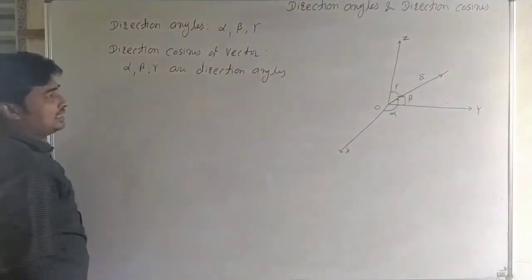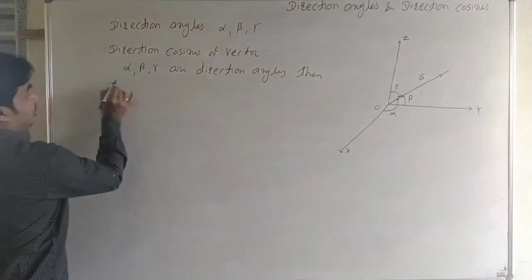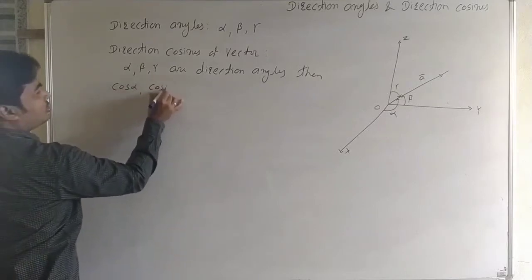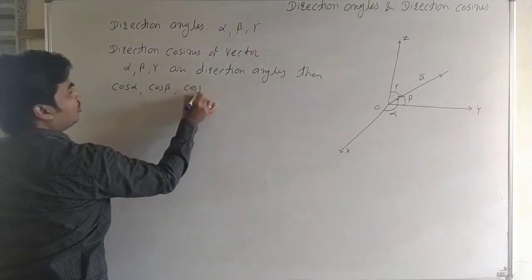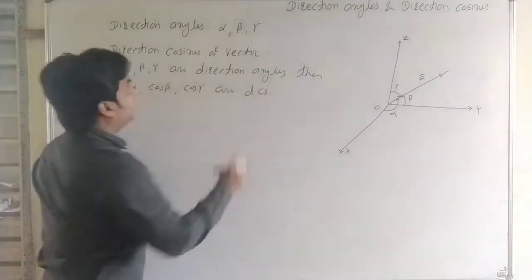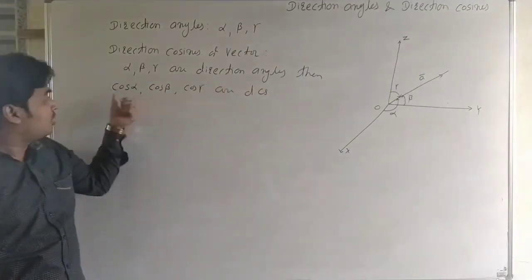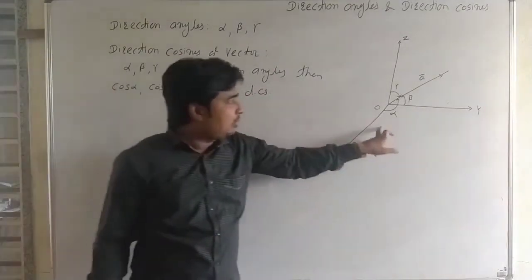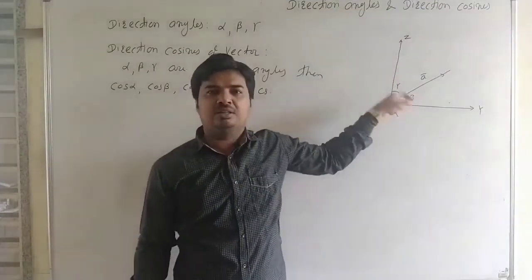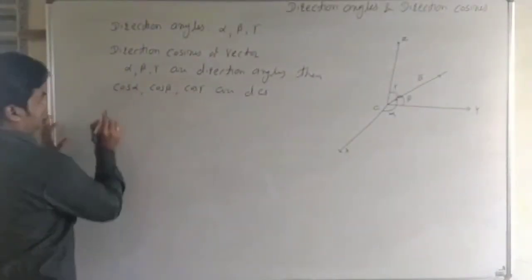Alpha, beta and gamma are the direction angles of the vector. Then the cosines of those angles, that is cos alpha, cos beta and cos gamma, are the direction cosines. We denote direction cosines as DCs. Here alpha, beta and gamma are the direction angles, and the cosine value of those angles is called the direction cosines, denoted by cos alpha, cos beta and cos gamma.